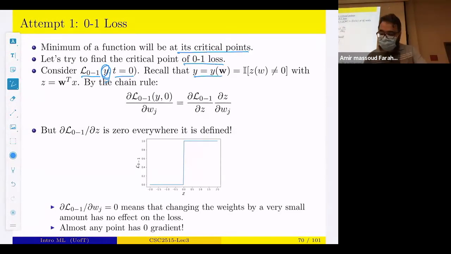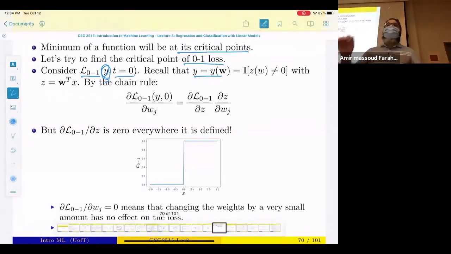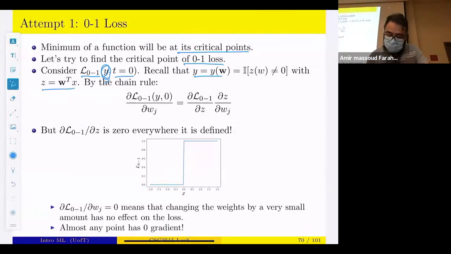So essentially what we do, okay, I have it here. We compute z, which is w transpose x, and then pass it through thresholding, whether it is positive or negative. Okay, so I guess this is a bit problematic here.